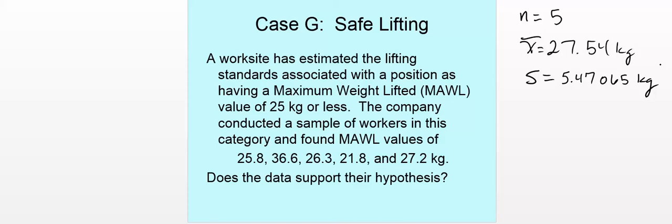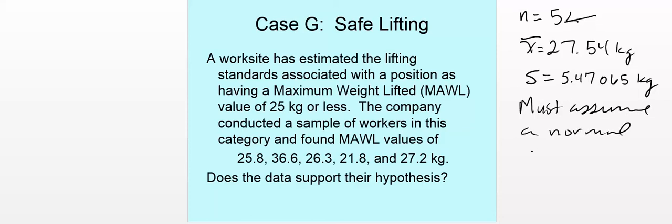Because we have only 5 observations, we can't really say much about the distribution, but because n is less than 5, we must assume a normal distribution. With such a small sample size, there's not much more we can do than state that assumption.